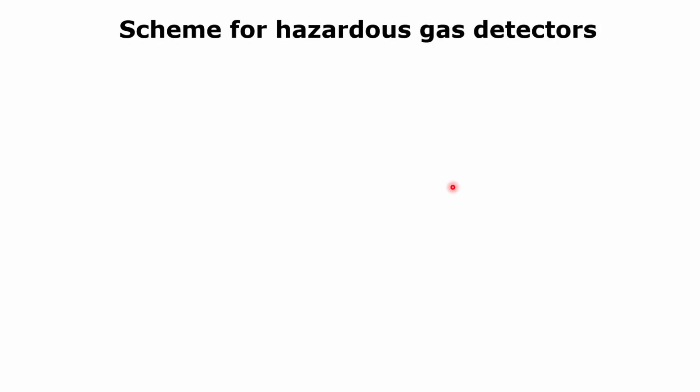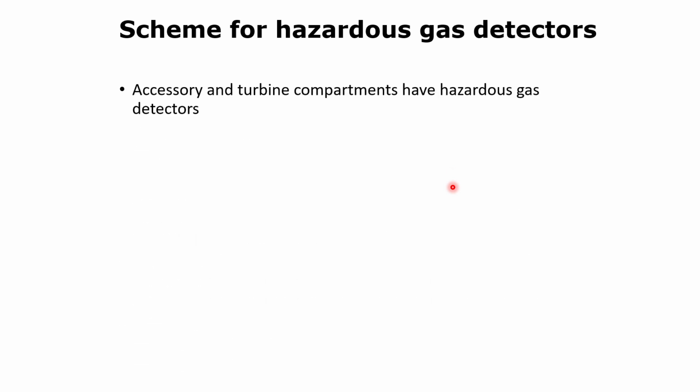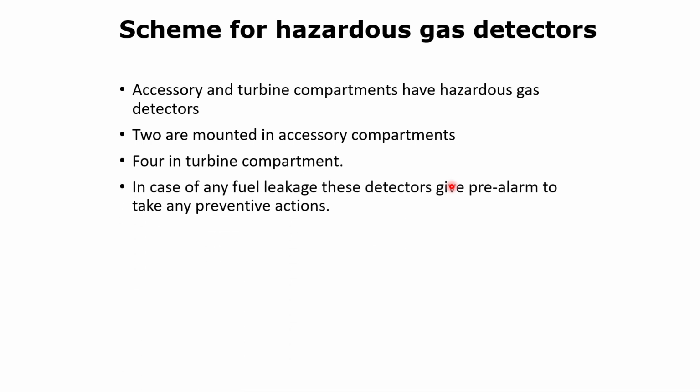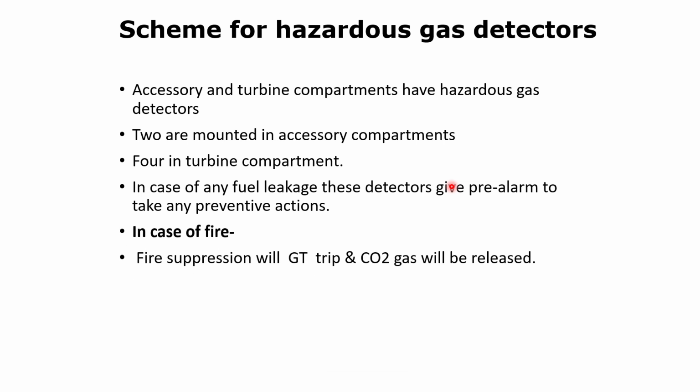Now each gas turbine has a system called the hazardous gas system. All accessory and turbine compartments have hazardous gas detectors. Normally 2 are mounted in accessory compartments and 4 in turbine compartments. In case of any fuel leakage, this gives a pre-alarm to take preventive action. In case of fire, the fire suppression will trip the GT and CO2 gas will be released to suppress the fire.